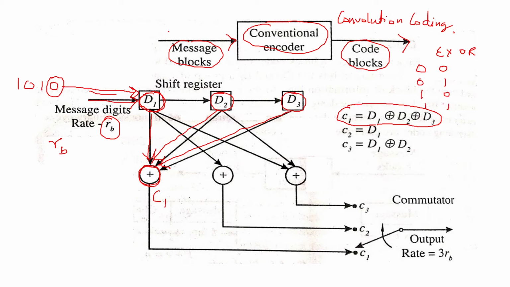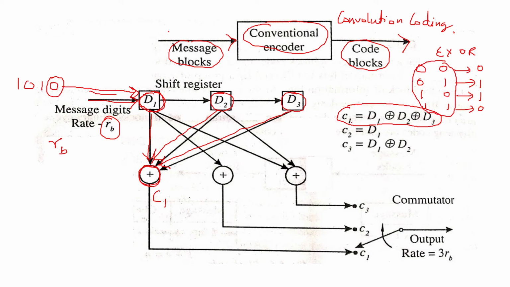If you remember the logic of XOR gate, if the input is 0, 0, the output will be 0. If the input is 0, 1, the output will be 1. If the input is 1, 0, the output will be 1. If the input is 1, 1, the output will be 0. This is the truth table of XOR gate. Okay. Now this is what is going to take place when you do the modulo 2 addition of 2 bits.